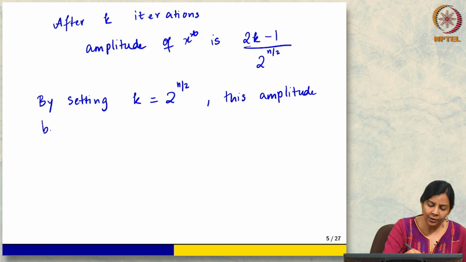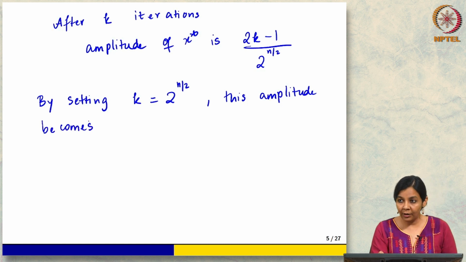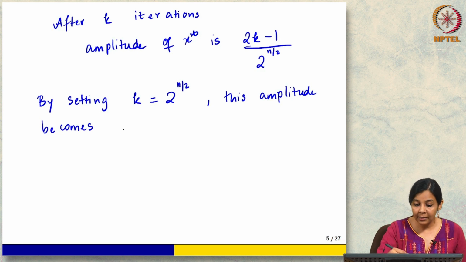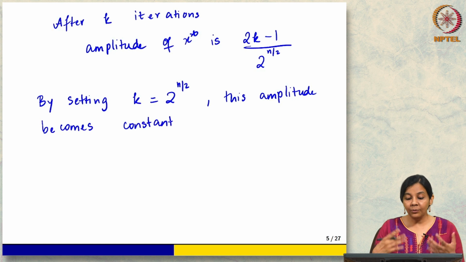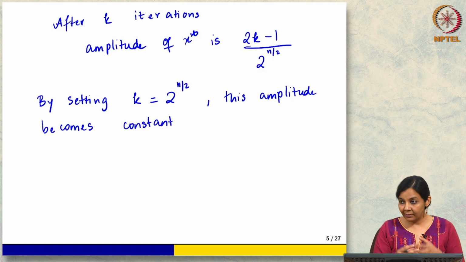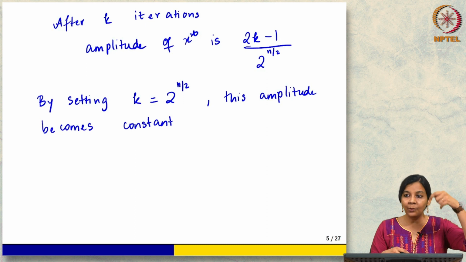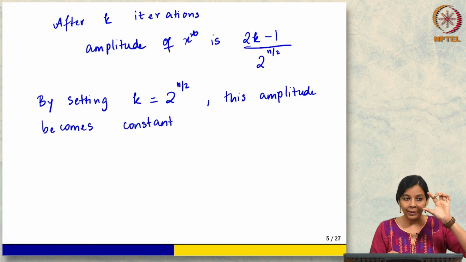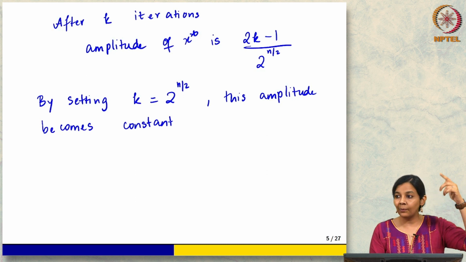Right now we are only looking at the idea of the algorithm. We will do a more careful analysis in a little bit, okay. But at least intuitively, from the geometric interpretation of the problem, we can see that we keep doing this, and the amplitude of x star alone keeps growing.